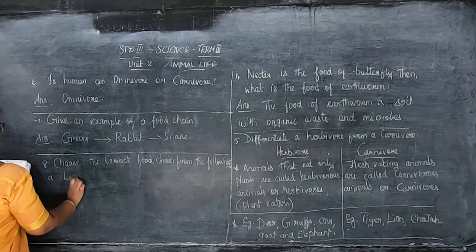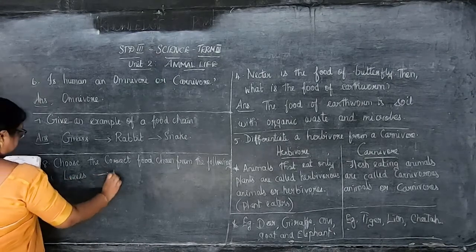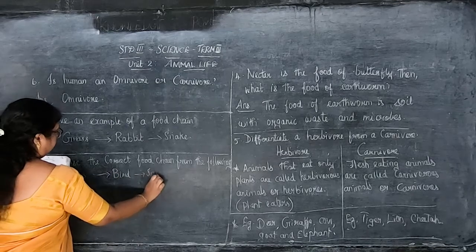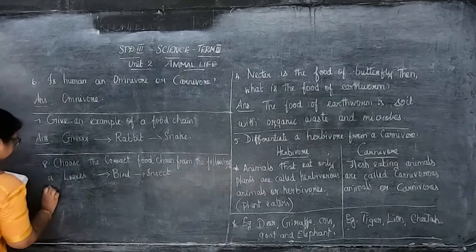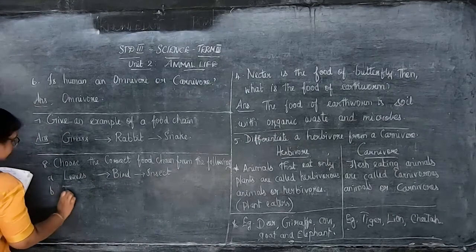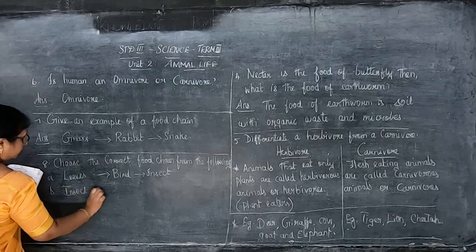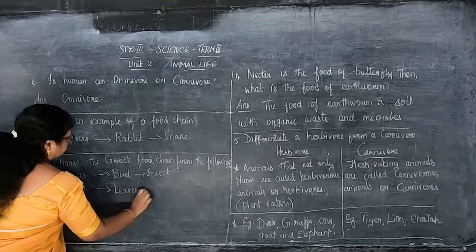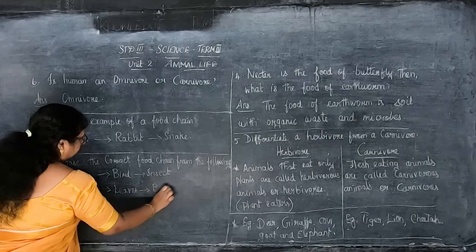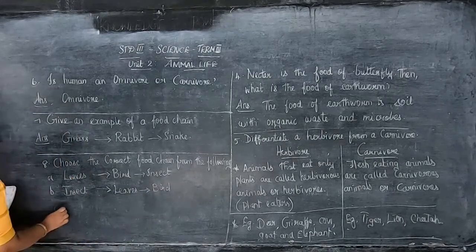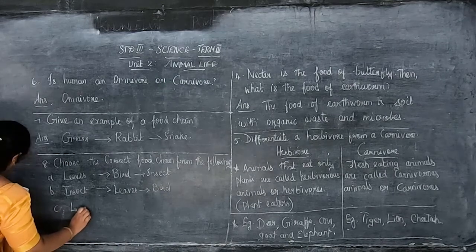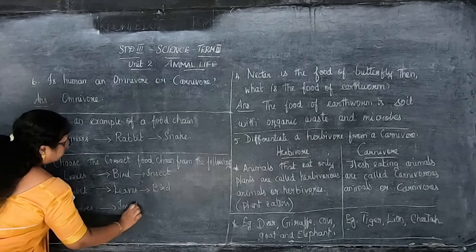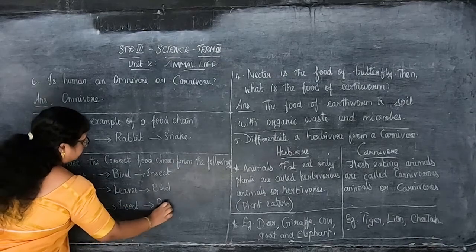A. Leaves, bird, insect. B. Insect, leaves, bird. Then C. Leaf, insect, bird. From this you have to choose the correct one. So what will be the correct food chain here?